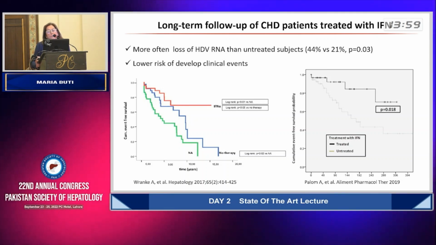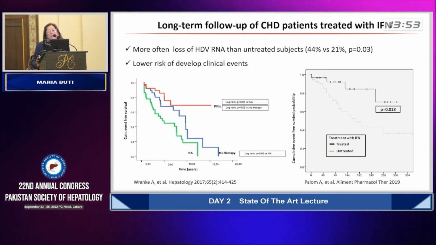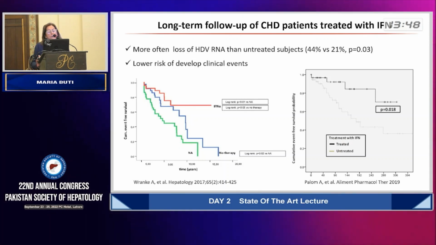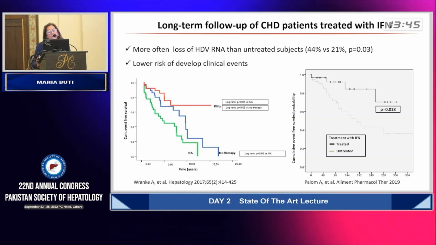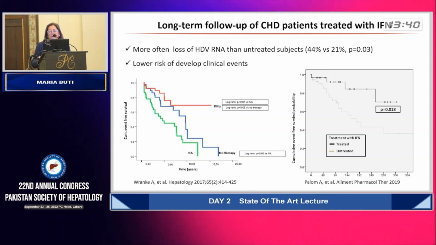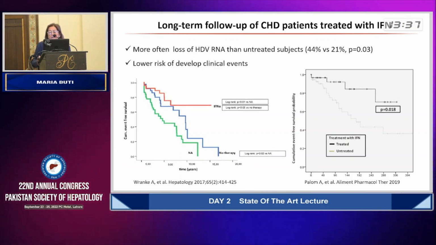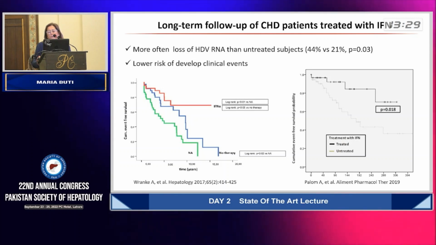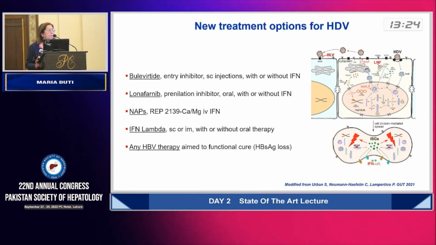Even those not achieving a sustained virological response, just by receiving treatment, have a lower rate of complications in contrast with those without treatment or those receiving only nucleoside analogs, because nucleoside analogs are not effective. Similar results were observed in the left part of the slide in our cohort, and those patients treated with interferon had a better outcome. Now we have new treatment options for hepatitis delta.